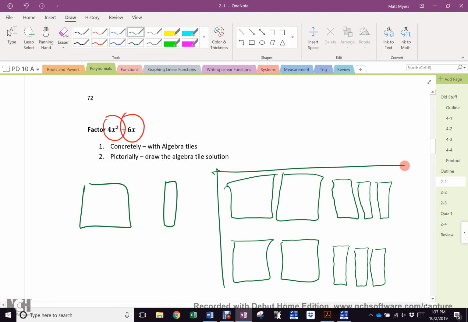What are the factors? What's this? 2x. What's this?